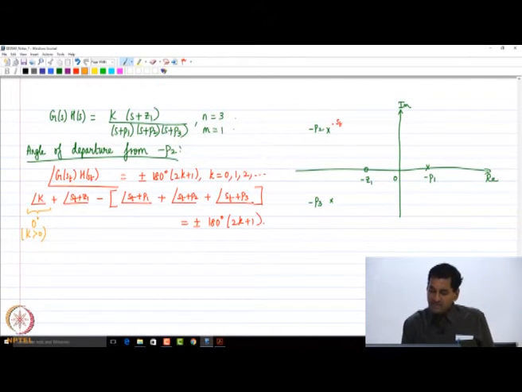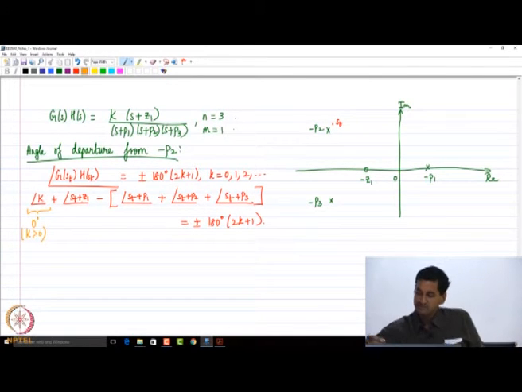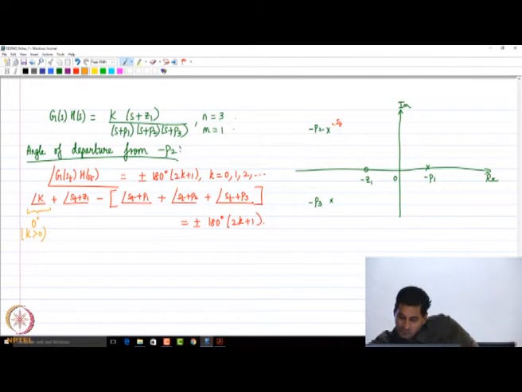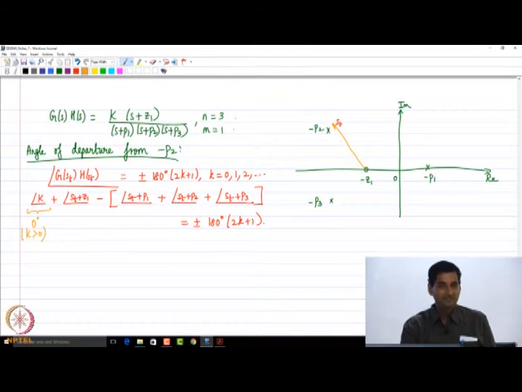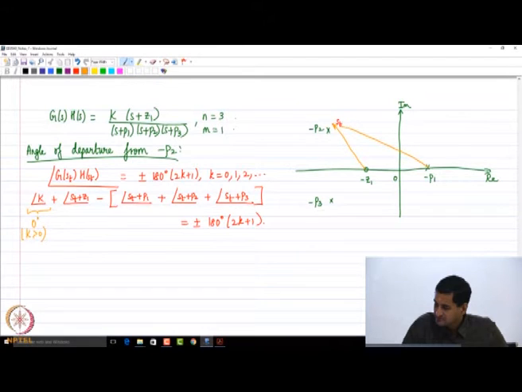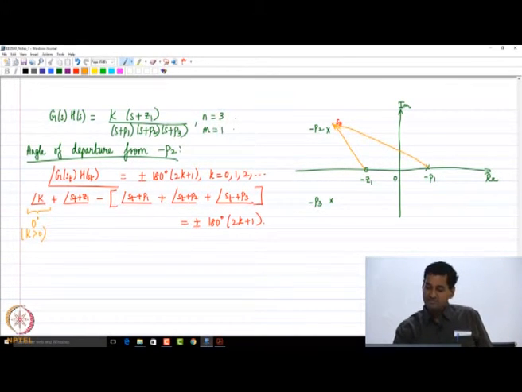Now, what is the angle of (s_t+z1)? It is the angle made by the vector from the open loop zero to this test point, which is very, very close to the pole -p2. What is the angle of (s_t+p1)? It is the angle made by the vector drawn from -p1 to s_t. What is the angle of (s_t+p2)?